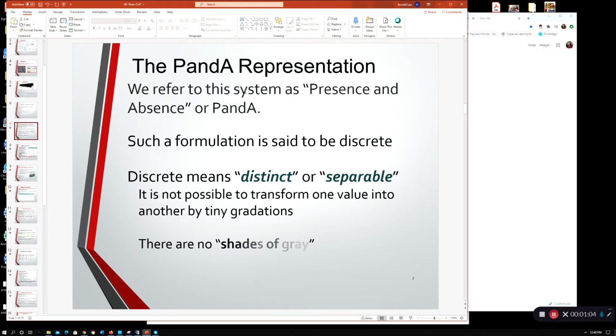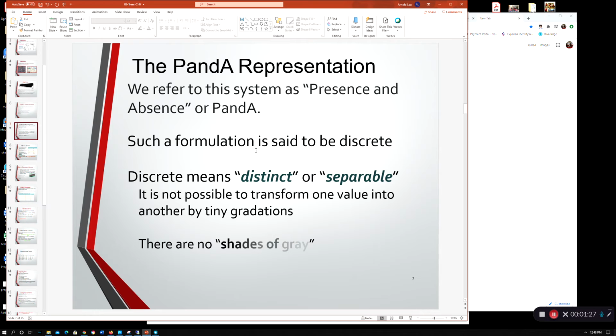PandA, you probably see it in the book also, is this idea of presence and absence, or PandA. So it's just meant to be what they call discrete. Discrete means very clear, distinct points, right? It's either a 0 or a 1, as opposed to something in between, so shades of gray.